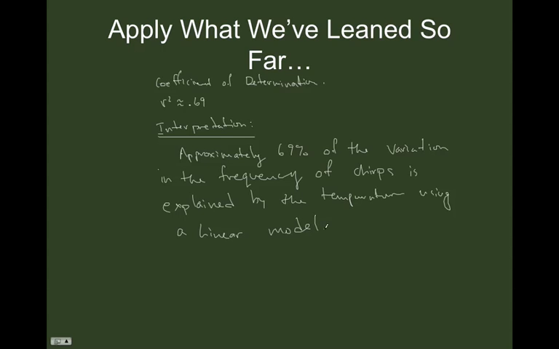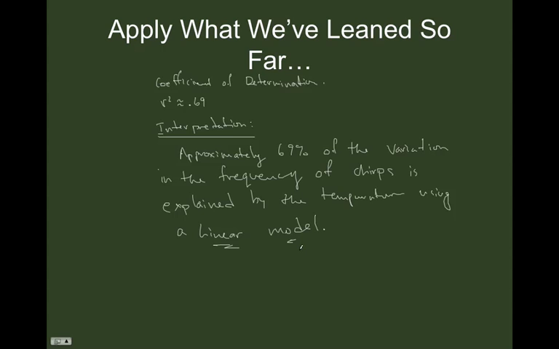And again, I'm using that word model, but the idea here is the linear model is the y equal alpha plus beta x, or the y equal beta x plus alpha, depending on which way you decide to write that equation. But in any case, this is the correct interpretation of r squared.